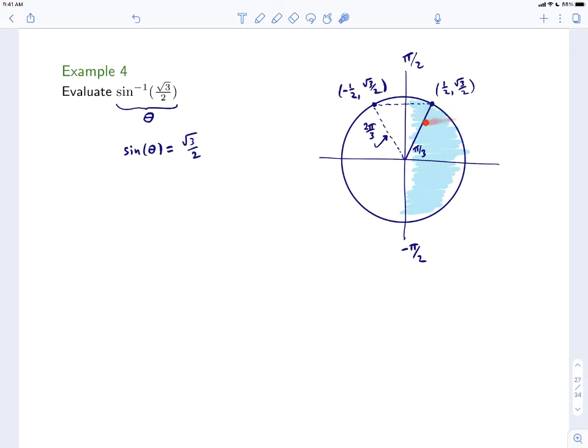So we're over here now, only looking at angles between minus pi over 2 and positive pi over 2. So what does that mean? That means we're interested in this point right here. So the angle in particular that we're interested in is pi over 3. So in that case, theta is equal to pi over 3. So sine inverse of square root of 3 over 2 is pi over 3.